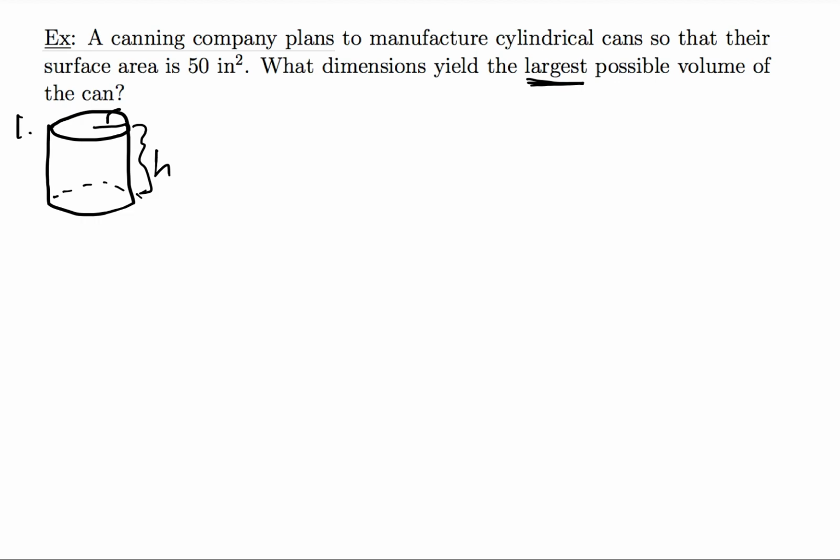So what I'm worried about maximizing, my step 2, my function to optimize, is going to be volume. I want the largest possible volume, so that means I want a maximum volume.